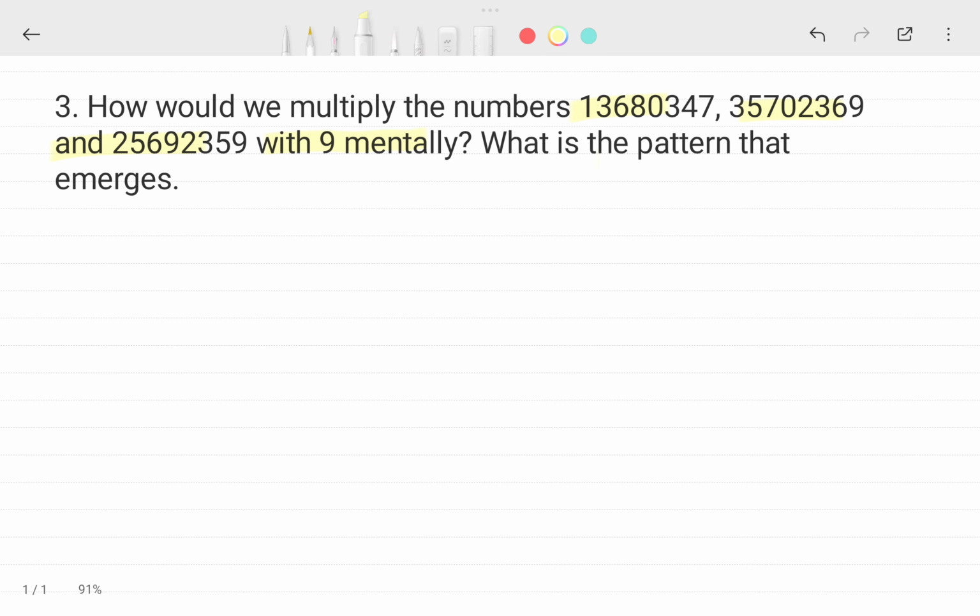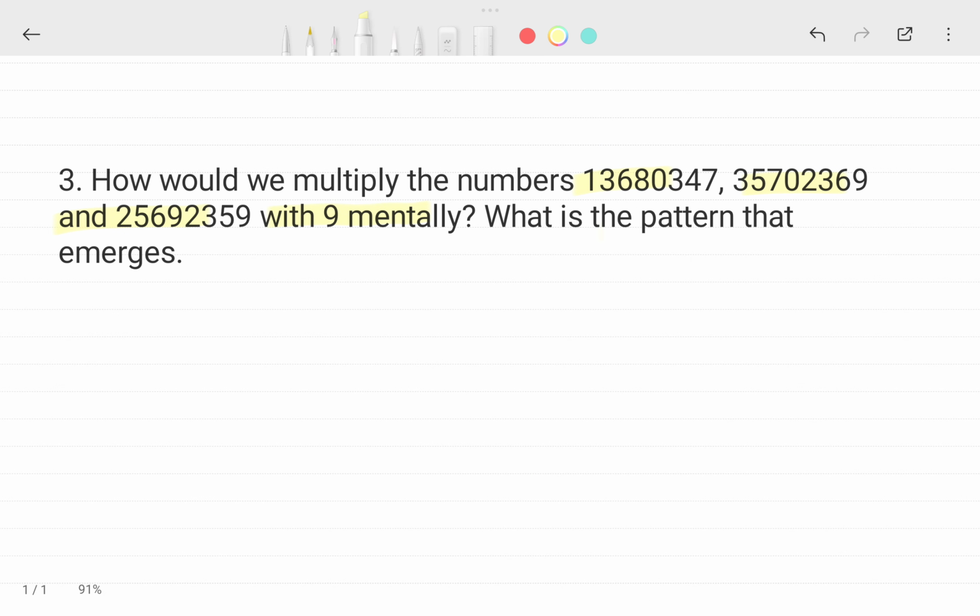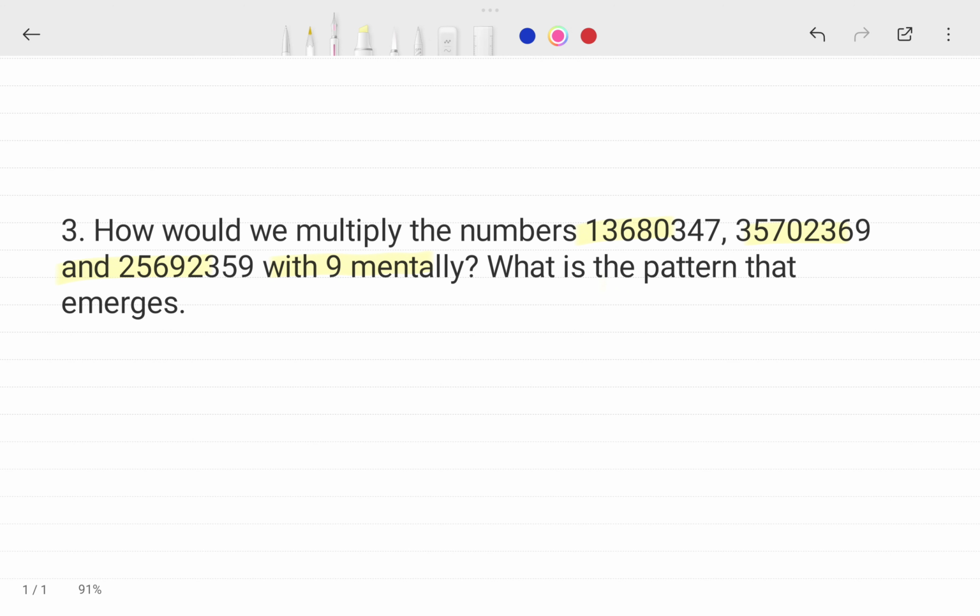Okay, so this is our question. Let's try to solve this one here. I will write the answer. If you want to get such types of patterns, what we are going to do is get the numbers 999999999 nine times. So how can we do this one? It's very easy.